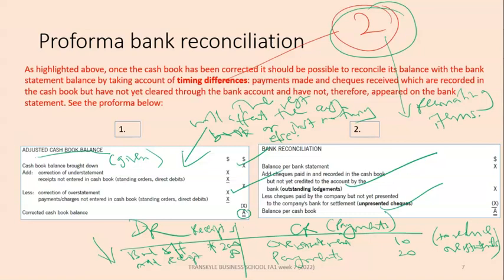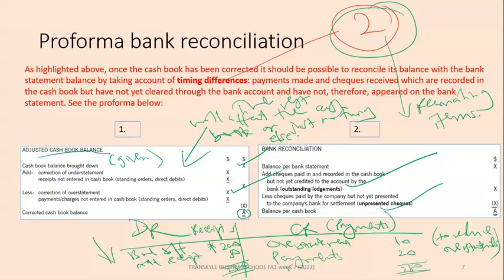Then you do your balancing by the end of the day, and we talked about balancing of the cash book. Just ensure that you balance up. Then the side that has got a larger balance should appear in the grand total. In this case, 280, both sides 280.